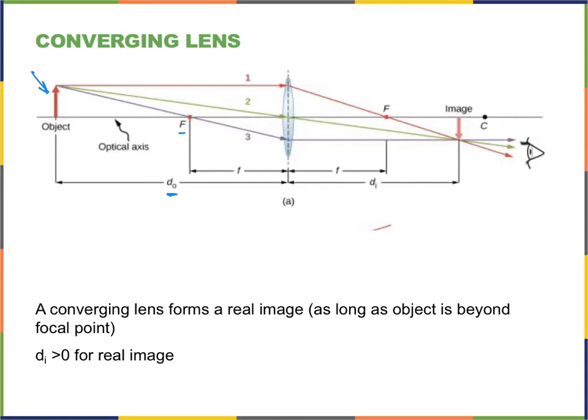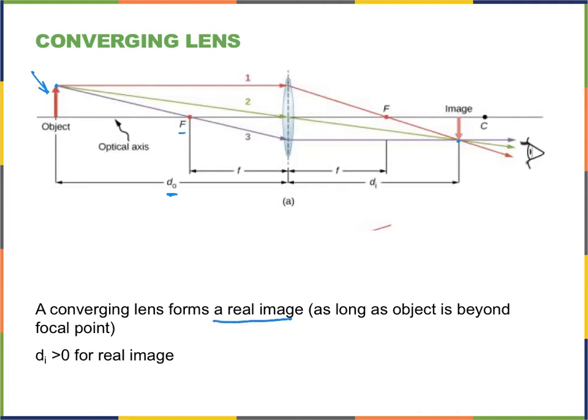What happens is you notice that when they all intersect on the other side of the lens, since they all originated at the tip of the object, this is where the tip of the image would be formed. Interestingly, notice the image is inverted, and that is a characteristic of the converging lens. Because the light passes through the lens and then converges to form an image, that image is real.